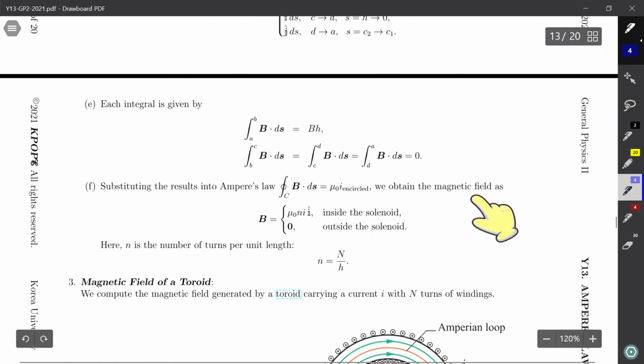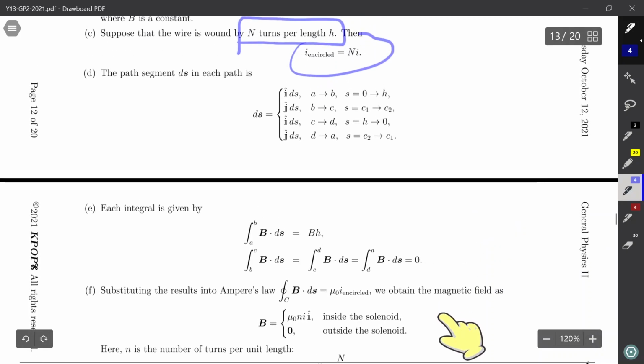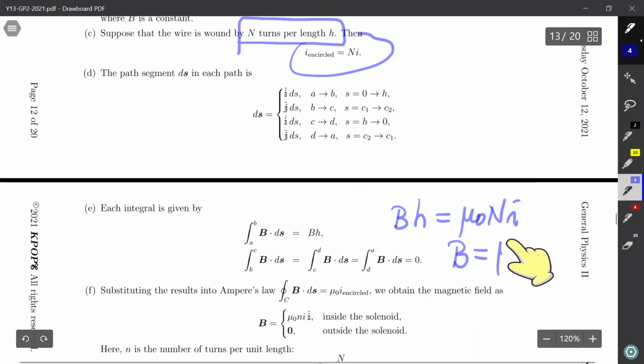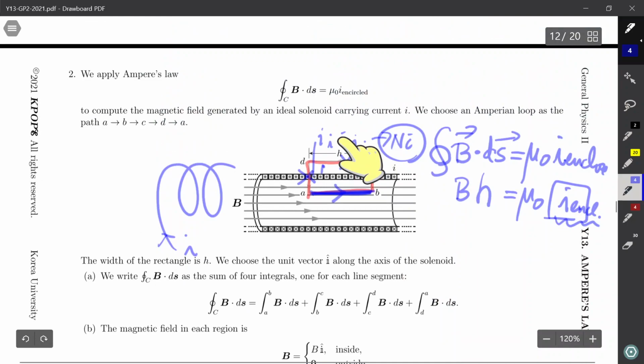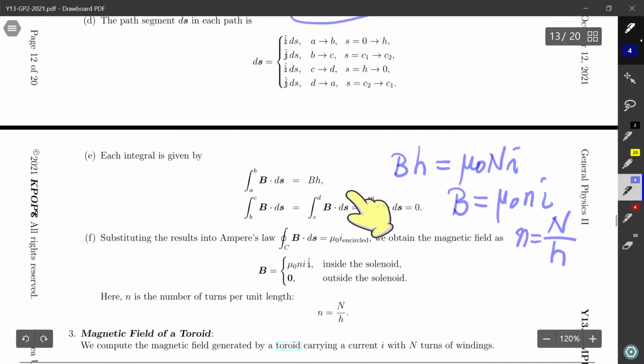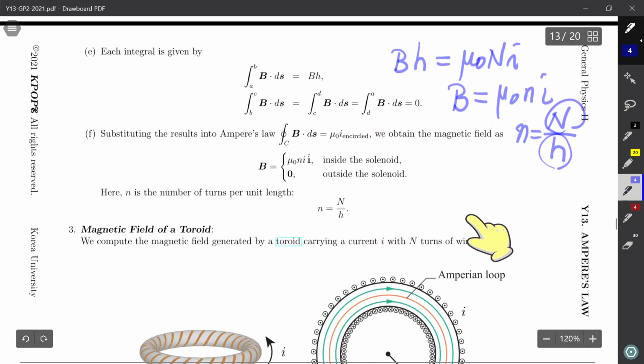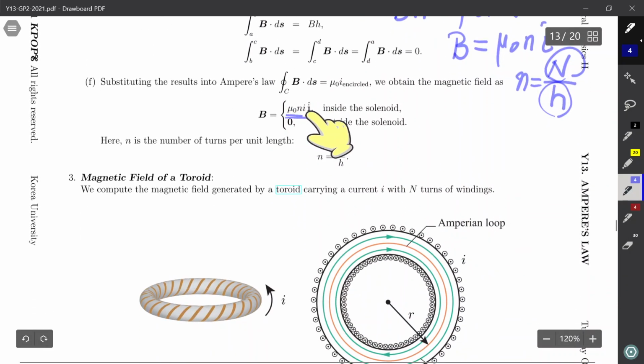Therefore, the magnetic field is mu 0 n I, where n is capital N over h, the number of turns in h. So number of turns per length. So the magnetic field inside the solenoid is like that.